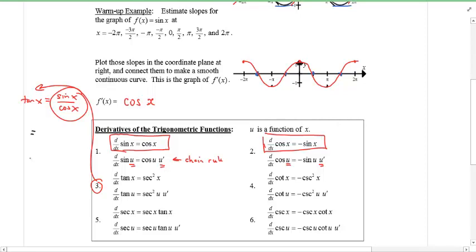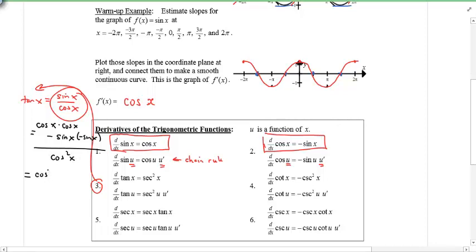Low d high: the derivative of high, the derivative of sine, is cos x. Low d high less high d low: the derivative of cosine is negative sine x. Draw a line and below, put the square of the low.